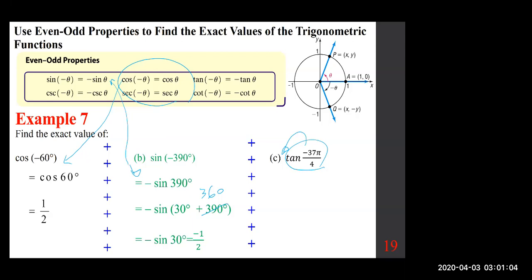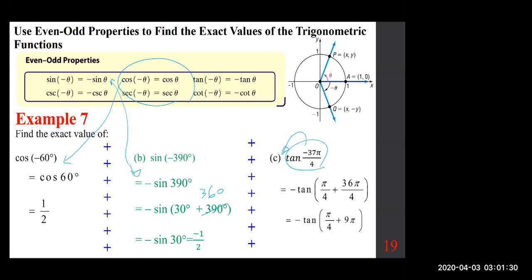Now, we have to take out multiples of 2 pi, and we recognize in the case of the tangent, we don't even need multiples of 2 pi. All we need is multiples of pi, okay? And so 36 pi over 4, which corresponds to 9 pi, can come out.